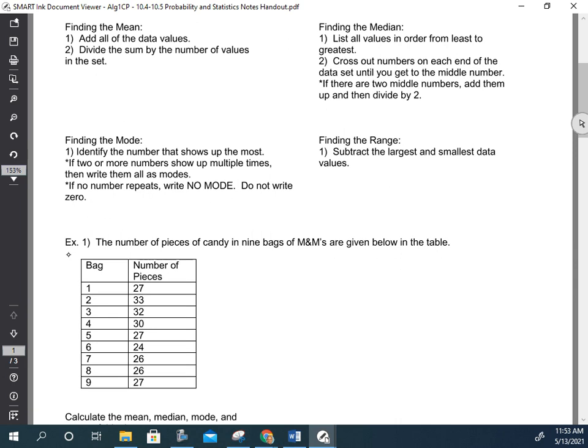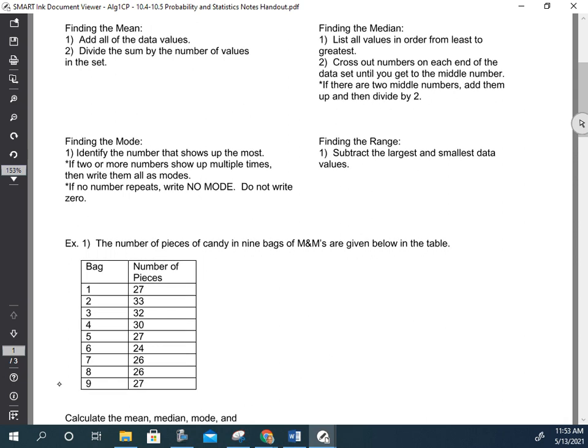The number of pieces of candy in 9 bags of M&Ms is given in the table. So here's each bag, and there's the number of pieces. We're going to calculate the mean, median, mode, and range. In the extra credit, it just asks you for the mean, median, and the mode.